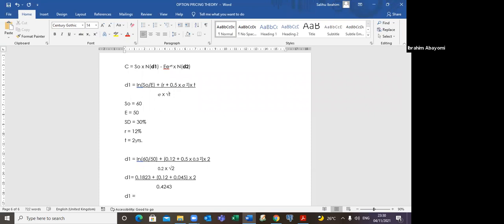So D1 will be equal to 0.1823 plus 0.12 plus 0.045, everything times 2. What do I have there? 0.33.